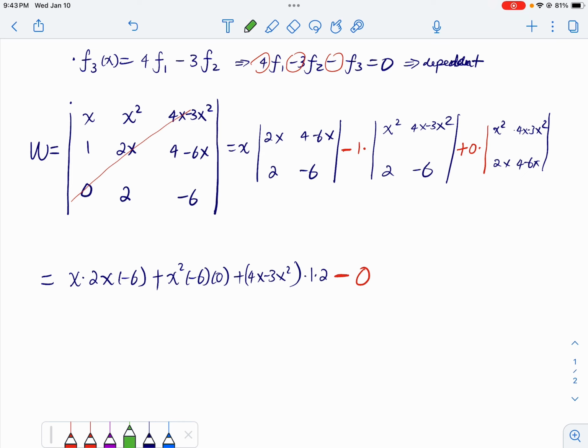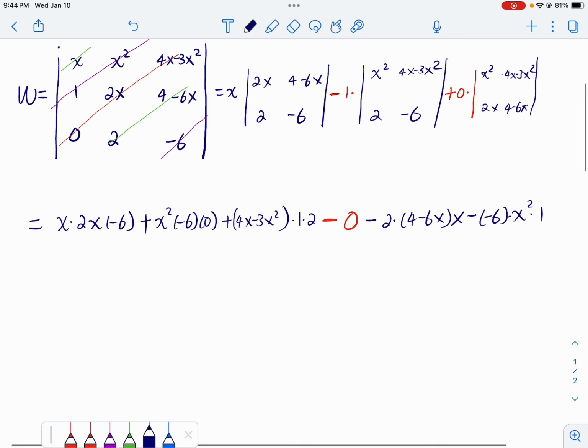And then minus the diagonal of that guy, so minus 2 times 4 minus 6x times x. And lastly, minus negative 6 times x squared times 1, right?